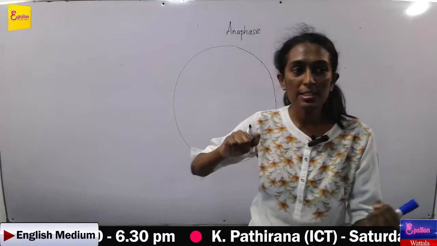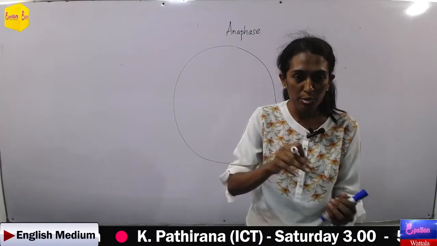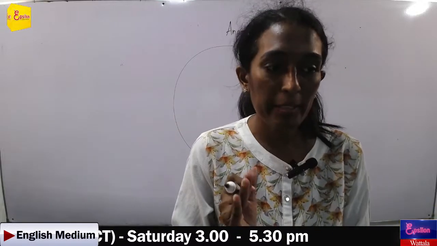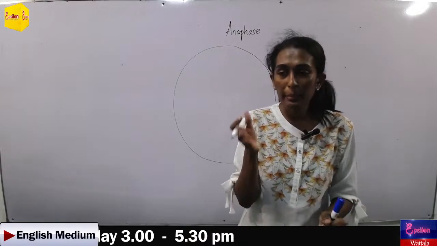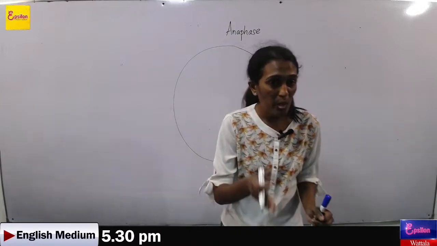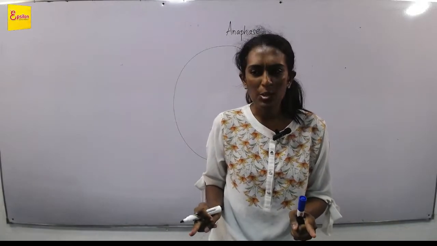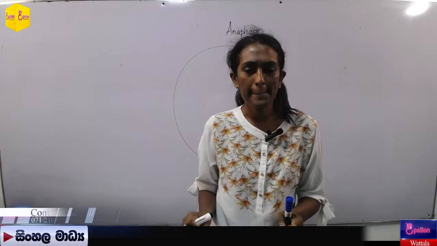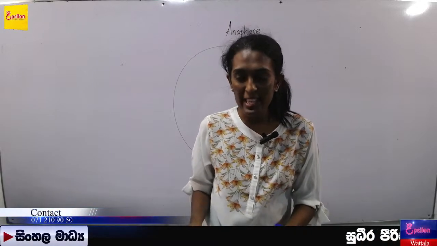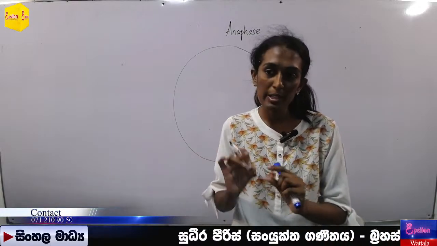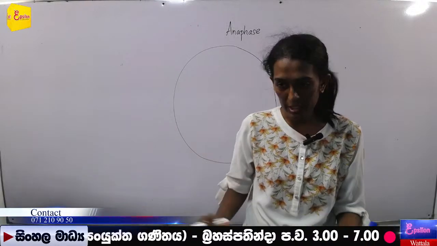Due to this force, the centromere splits into two, and what are separated now? Sister chromatids are separated. But remember very well, once they are separated, they are no longer called sister chromatids. So what do we call them? Chromosomes. They are individual chromosomes. Understood now? Make sure that you do not count them as sister chromatids after the separation.